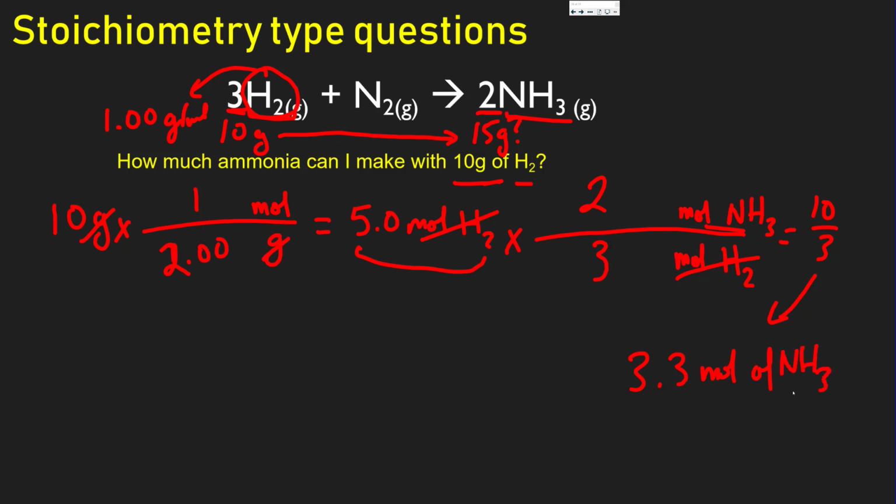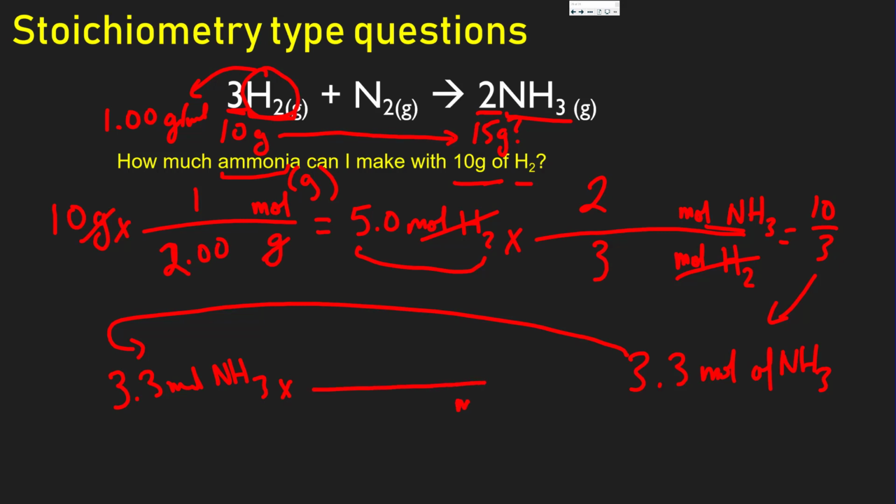But my question is asking how, well, I guess this question is just asking how much. But let's say that this question is asking you how much ammonia in grams. Then I would have to convert this back into grams. So I'm going to rewrite this over here, 3.3 moles of NH3. I need to convert this to grams, so I'm going to have moles at the bottom and grams at the top.